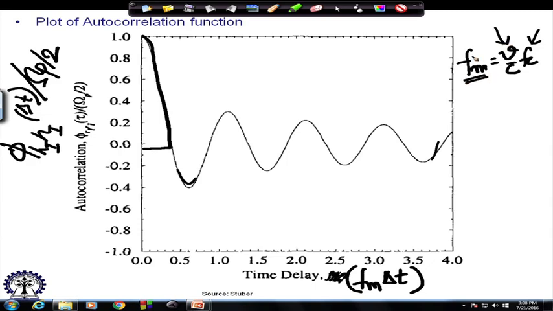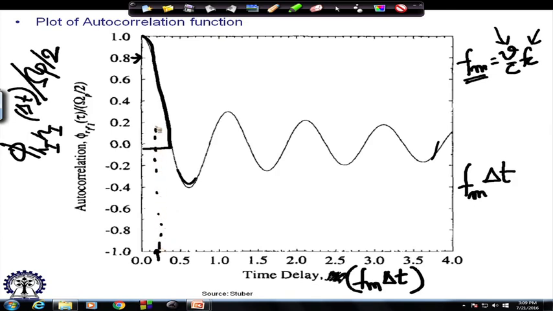What we see here is, as f_m increases, this is becoming smaller and smaller. So a particular value of coherence appears at a much smaller duration of f_m delta t. Let us read one point.